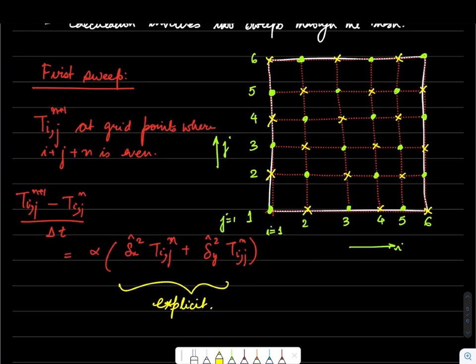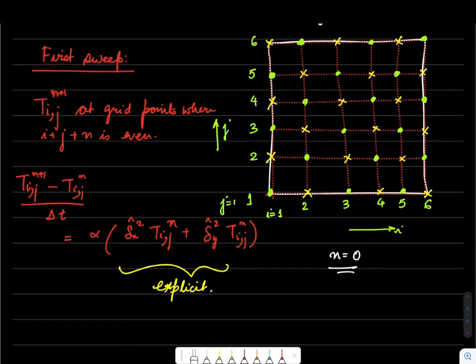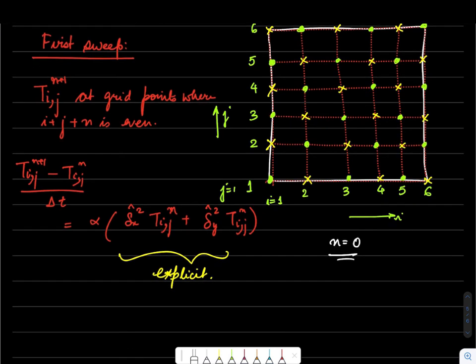So let me say that we're looking at n0. That is, we're starting from an initial condition. Now at n0, as I numbered here, i plus j plus n is even at places where I have circles, right? So we have circles here.